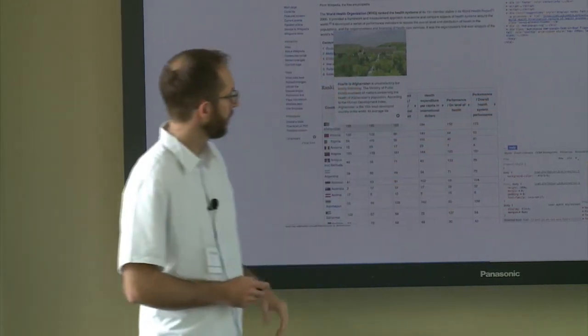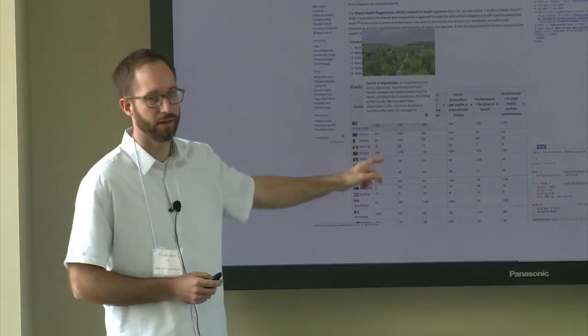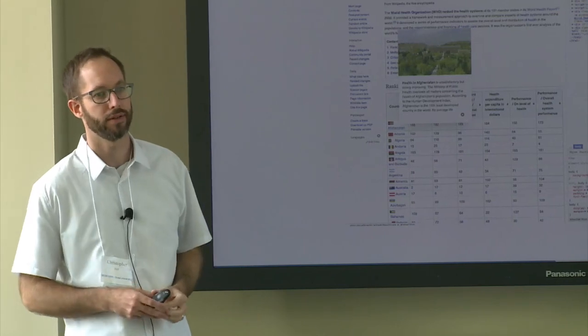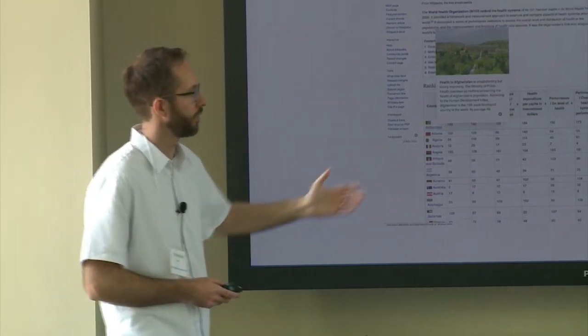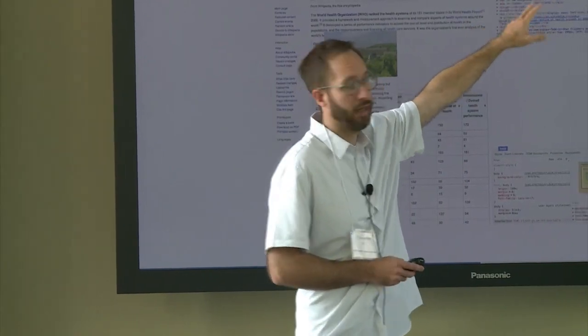And the way we do that is to right-click near the data we want. In this case, we might click somewhere in our table here that we're trying to scrape. And if we right-click, we can select Inspect. And when we select Inspect, the associated part of the HTML code will be highlighted here.